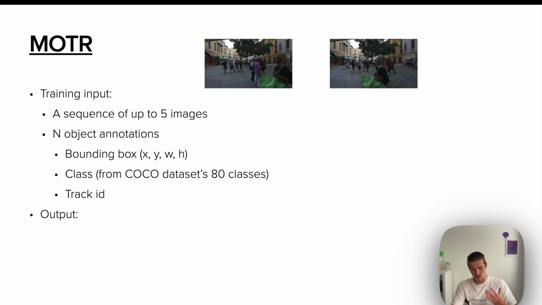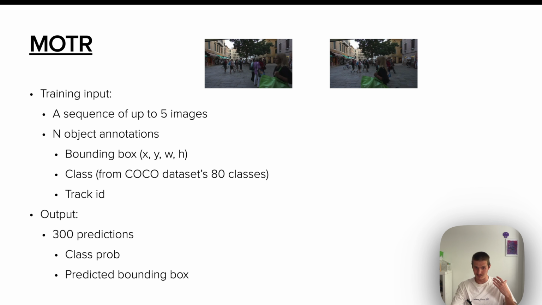And so the output of MOTR is, again, a fixed set of predictions. Well, actually not that fixed. It might be 300 or more, depending on the number of objects we already track. And then for every prediction, we also have class probability, predicted bounding box, but also a sort of track ID, which is not really predicted by a neural network.